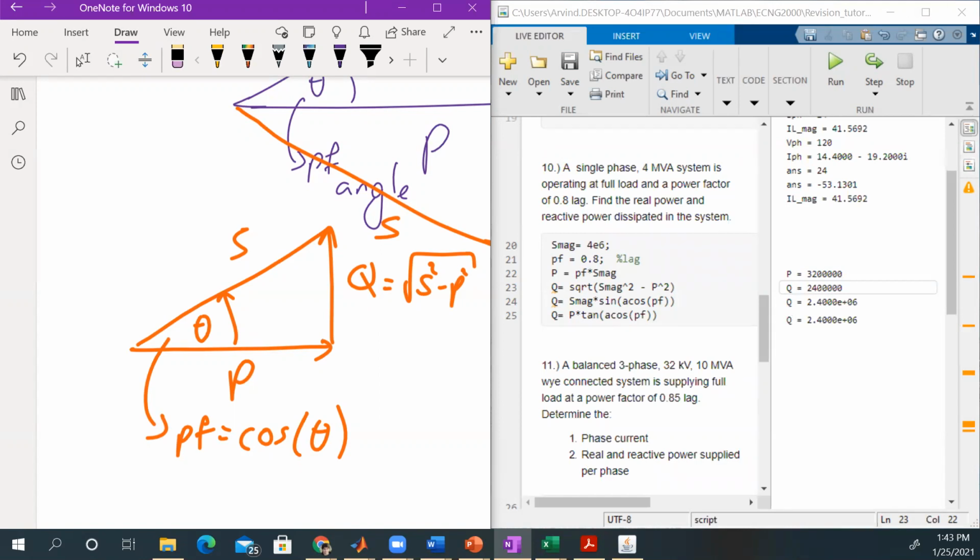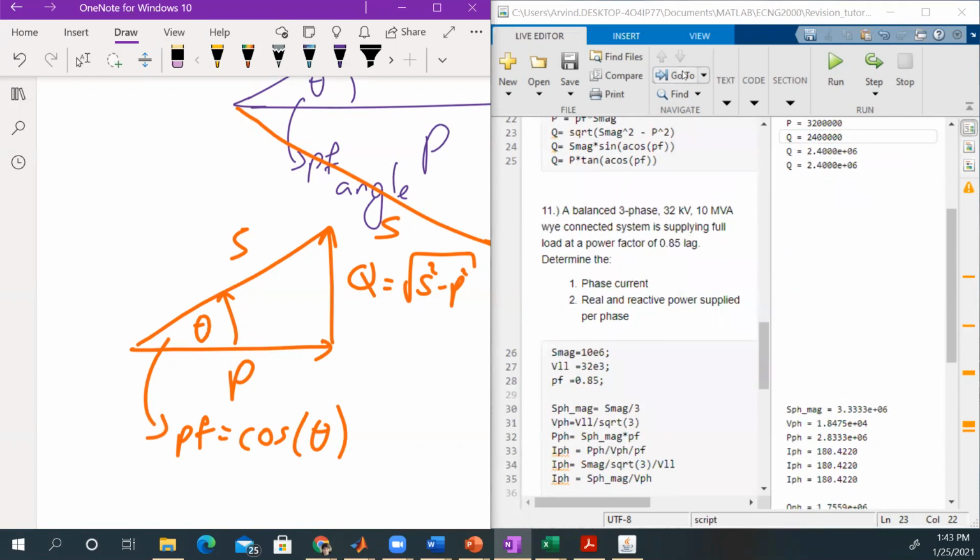Next one, for 11, we have a Y-connected balanced three-phase 32 kV. So now here you have this 32 kV would refer to the line-to-line voltage.